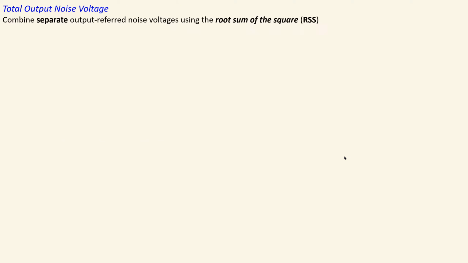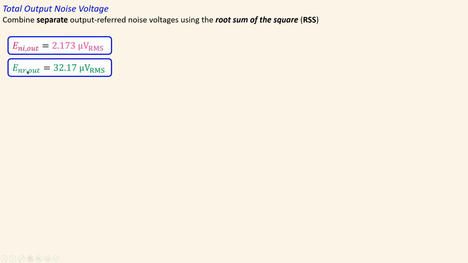So we combine the separate output noise voltages using root sum of squares. This is what we had for the contribution due to the noise current source at the input and also the feedback resistor. This is just the thermal noise voltage due to the feedback resistor RF only, and this was the noise contribution by the noise voltage sources of the op-amp only.